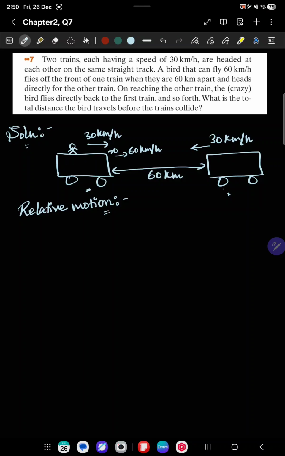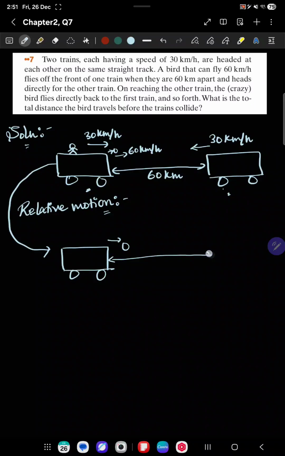I am drawing the diagram of how the actual situation looks once we sit on this train. So this is the train. This will seem like it is moving with a speed of 0, but at the same time this train will look like it is moving with a speed of 60 km per hour.